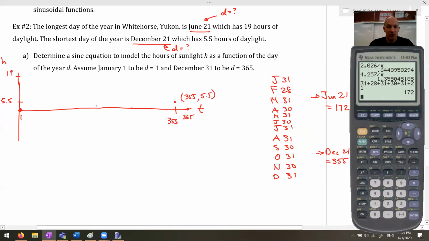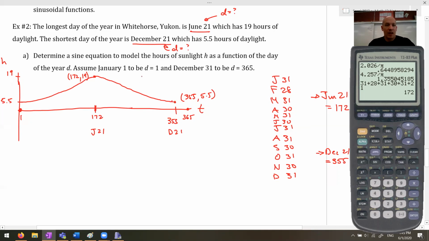And then over here, so this is like December 21st, and at June 21st, which is at 172, that's going to be a high point, which is going to be 172, 19. So what my graph is going to look like is a high point there, and then it's going to go down like that. And because the Earth is rotating around the Sun in a circular pattern, we're going to have a sinusoidal curve.